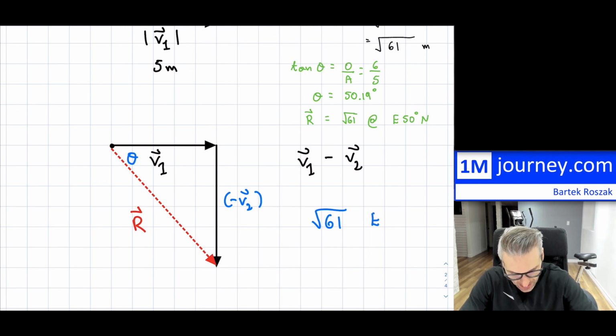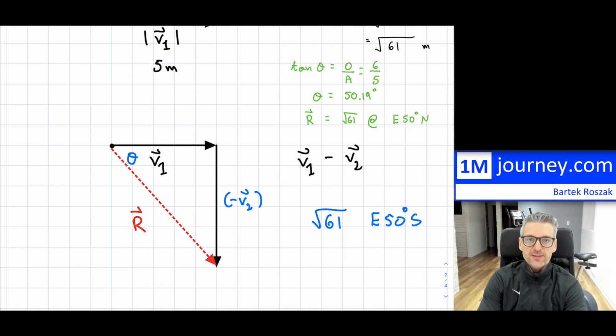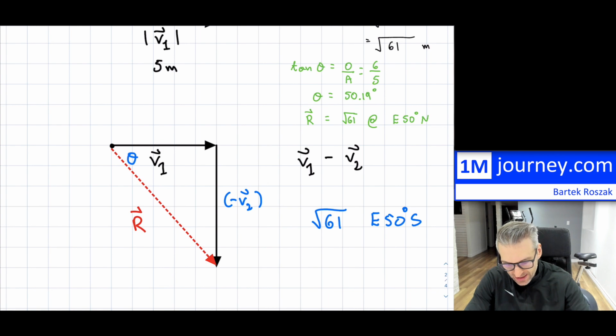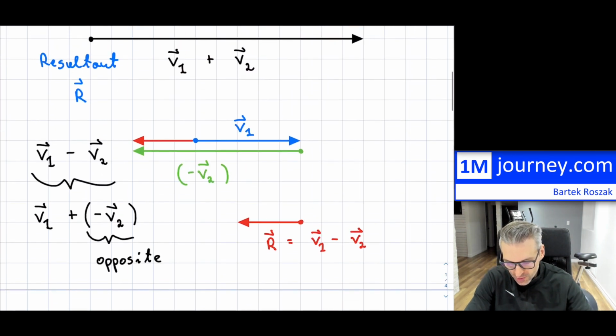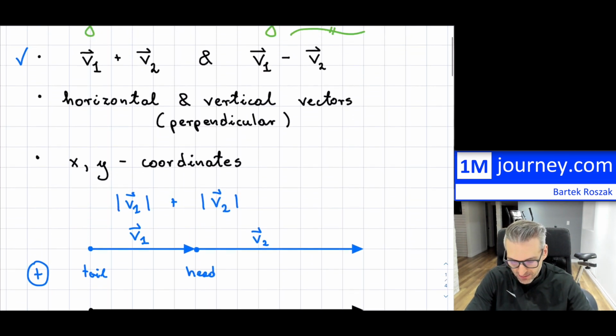So it's still east, 50 degrees rounded to the 1, but it is south, because now it's the opposite. So that's how you're going to be running into additions and subtractions of various vectors. That is how we would do these particular types of examples.